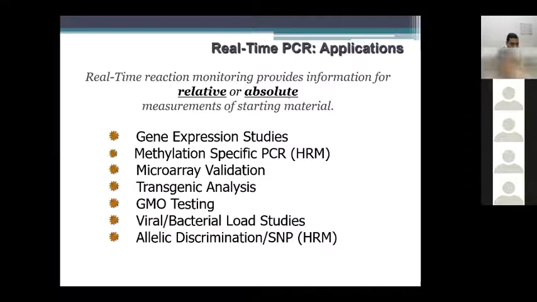So what are the applications of real-time PCR? Real-time reaction monitoring provides information relatively or absolutely. If you go for the absolute measurement of the starting material, you need standards, and each and every time you run the standard.